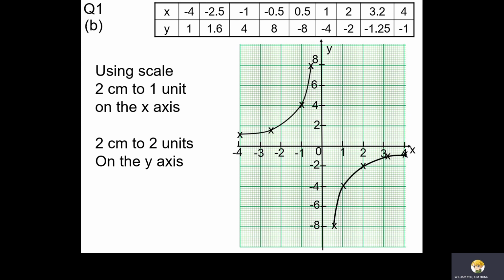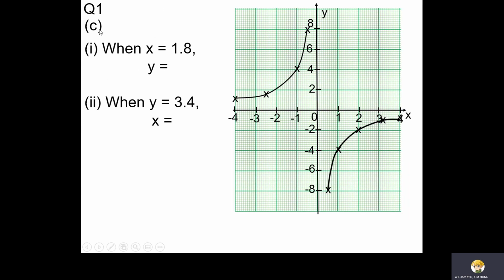Next, part C is based on the graph that you have already finished in part B. They will give you X and ask you to find Y, and they give you another Y and ask you to find X. So X equals 1.8. Where is it? It is roughly here, right?